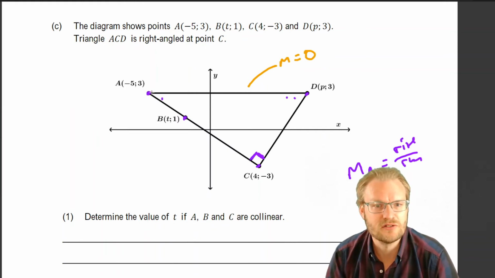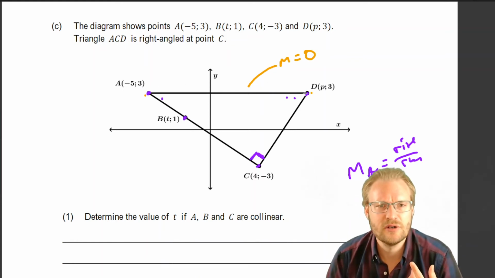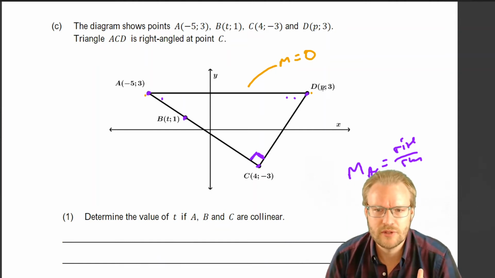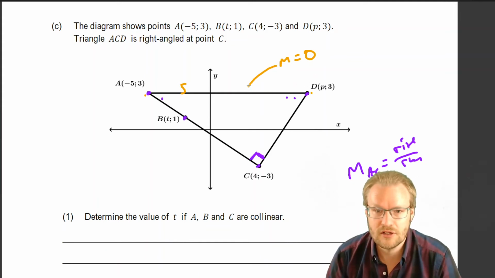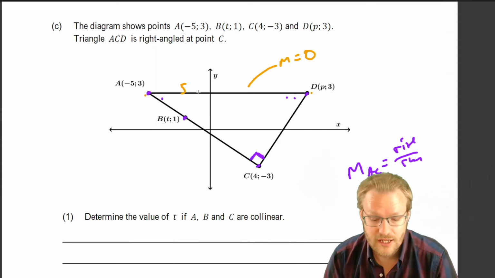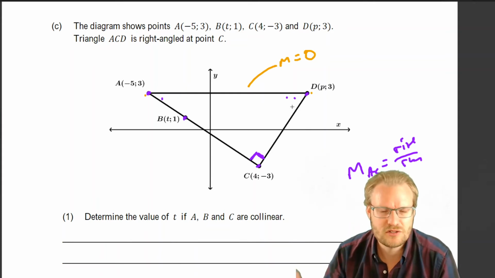Well, we don't need the distance formula for AD, do we? Can you see how you would work out the length of AD quite easily? Well, -5 up to whatever that point is. That's 5, whatever this point is. I don't know what it's going to work out to be, so whatever it is, you could just add them together. So you don't need the distance formula for that one, because it's a horizontal line.